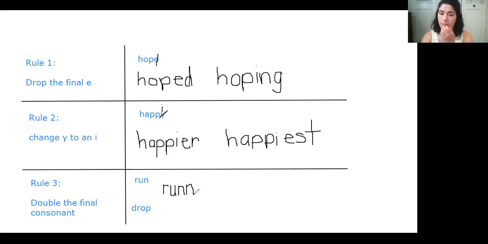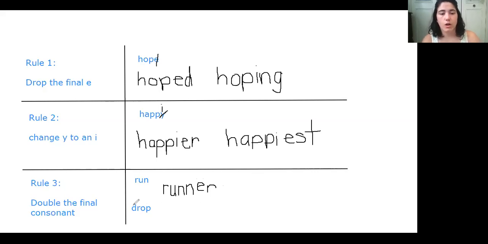So there, I've added my second N, so now I have double consonants, and remember double means 2. And now I'm going to add my suffix ending of er to make runner. I could use that in a sentence like, I am a good runner.